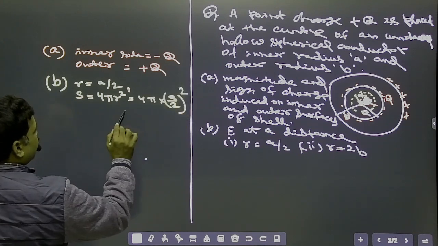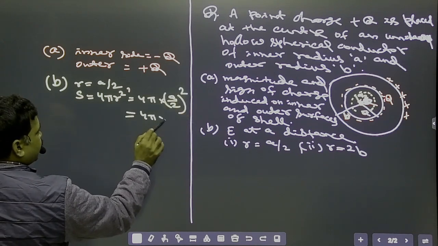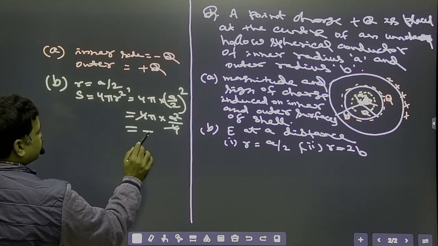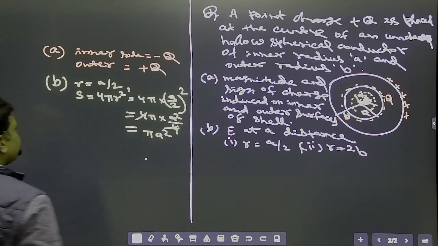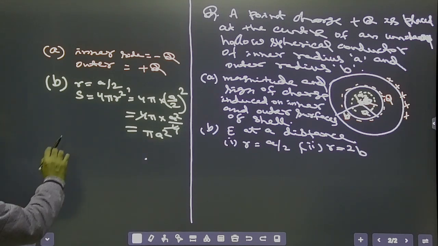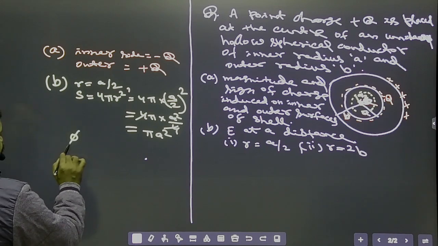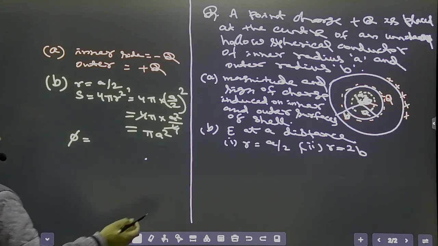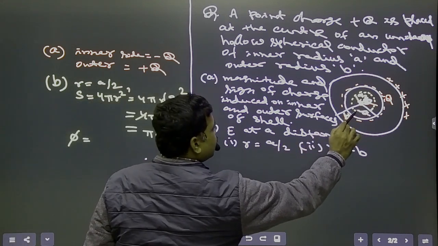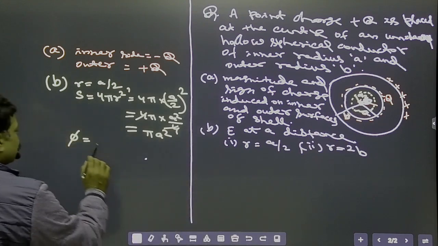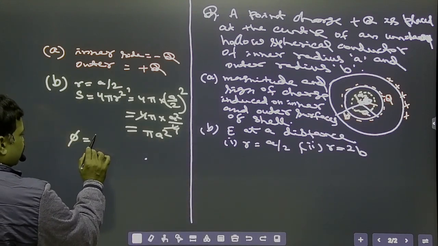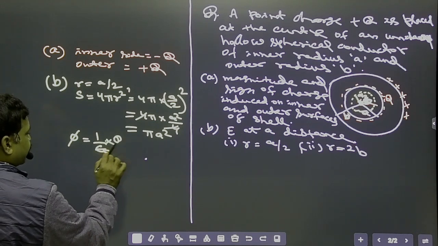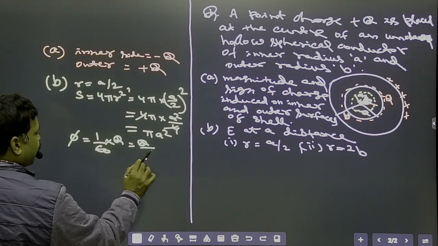This comes as 4 pi into A square by 4, which is pi A square. Similarly, the total flux will be from the charge enclosed. What is the charge enclosed by this Gaussian surface? This is plus Q. So we can write 1 upon epsilon naught times the charge enclosed, which is Q upon epsilon naught.